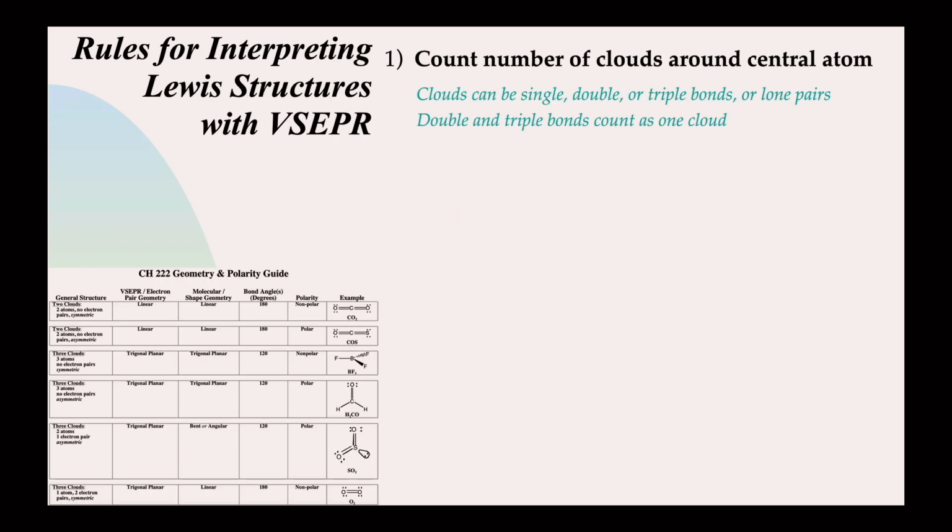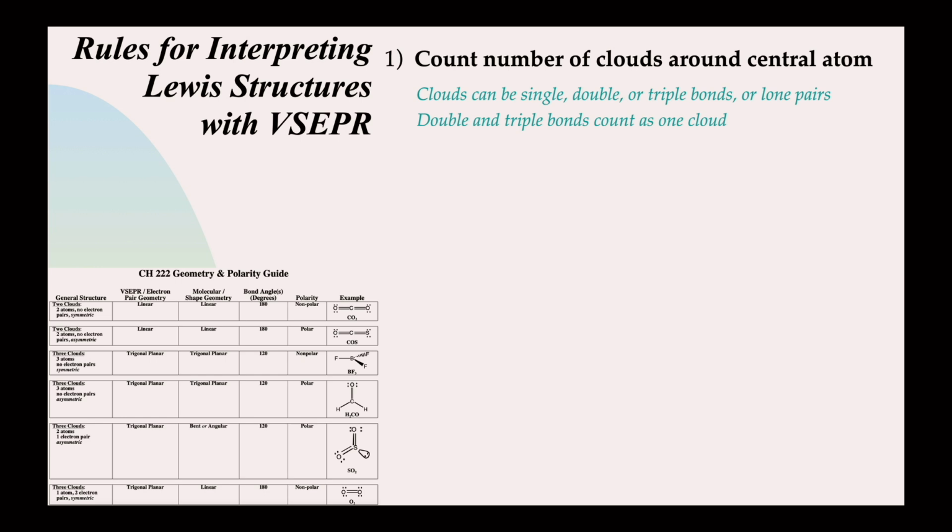When you're ready to use VSEPR rules, all right, again, I do recommend using that geometry and polarity guide, and you can see it listed down there. Now, if you look at the geometry and polarity guide, first of all, on the far left, it'll state how many clouds there are. And a cloud is a reference to electrons in pairs, literally being a cloud.